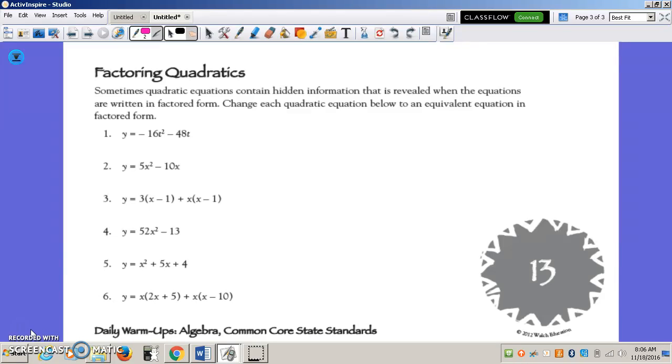Today we're talking about factoring. Factoring is a really important concept. We're going to see this idea pretty much from about the first half of Algebra 2 all the way to the end of it. So it's really important that we have an idea of what factoring is. Now, factoring can take on two different forms.